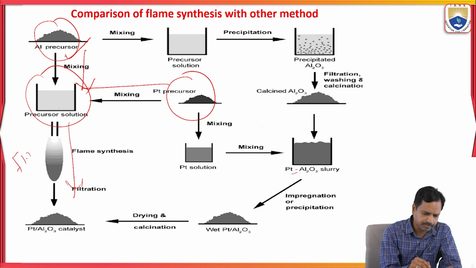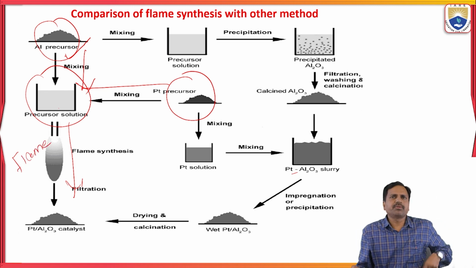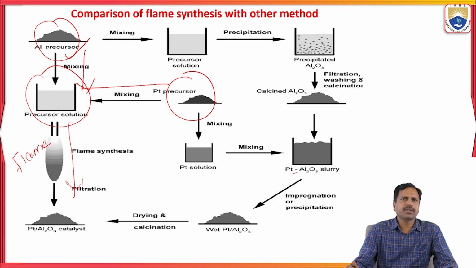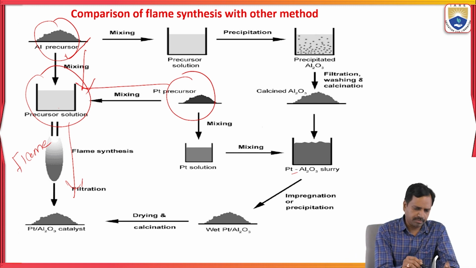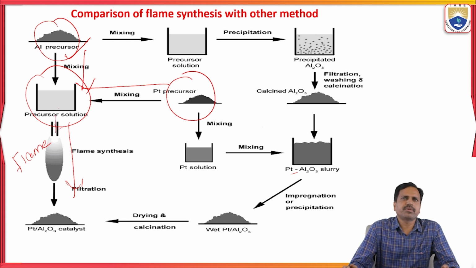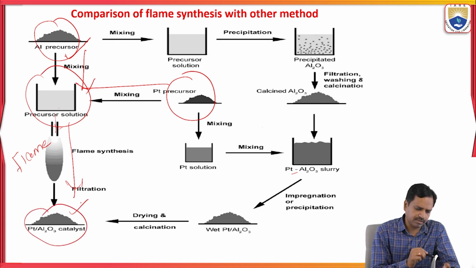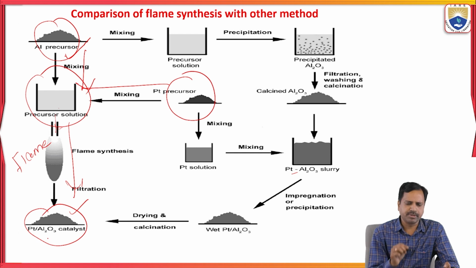This is the flame. Platinum and aluminum will be mixed in one precursor and injected in the flame. In the flame, the solvent will be evaporated and the particles will be collected here. So we'll get the platinum doped aluminum catalyst directly.